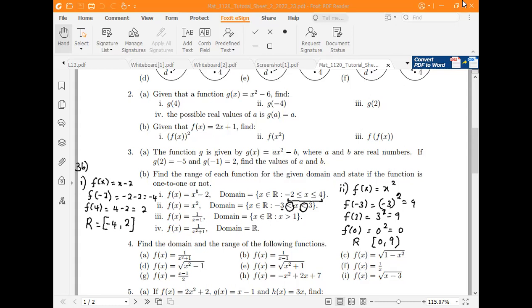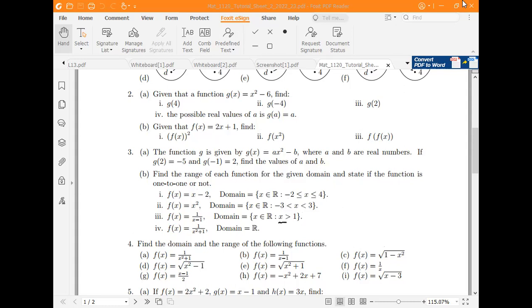Okay, we go to the third one, where we are given the domain to be x greater than 1, and the function is a fraction.